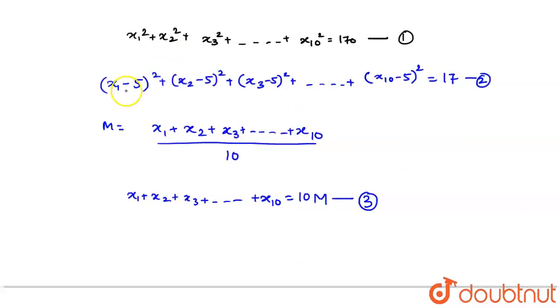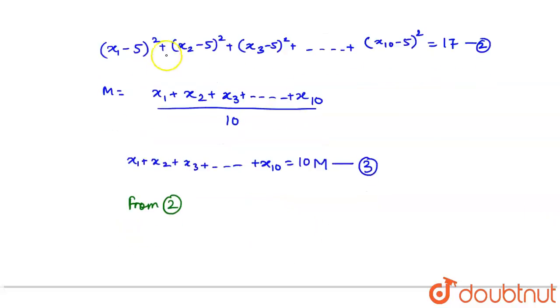So if I open equation number 2, from equation 2 I can get, open the bracket, so this would be x1 square plus 25 minus 10x1. Similarly for the second, this would be x2 square plus 25 minus 10x2.